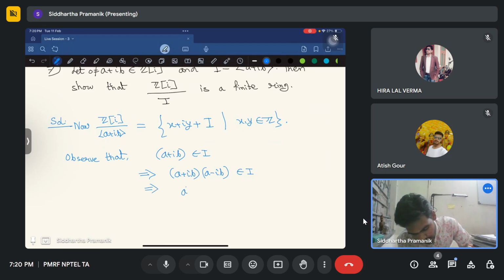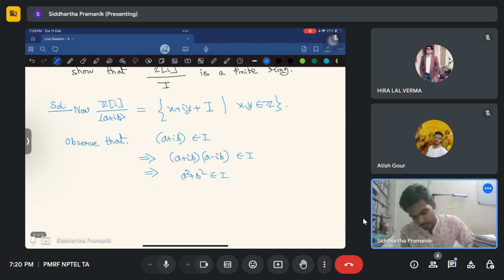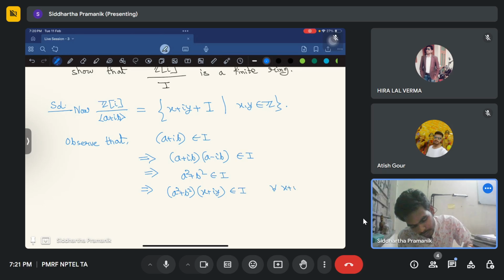This is just a squared plus b squared, and this is in I. So this integer is in I, meaning any multiple of this is also in I. So this means (a squared plus b squared) times (x plus iy) also belongs to I for all Gaussian integers.